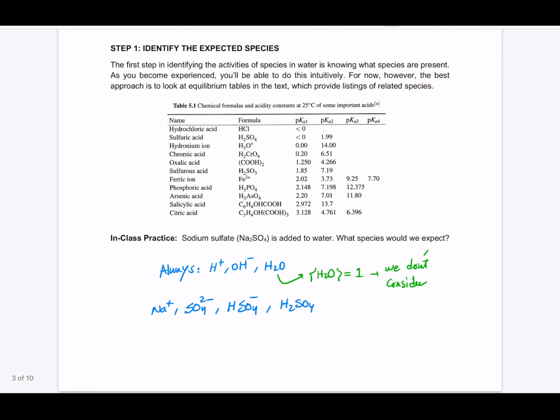So now we did step 1. We have how many? 6 species. How many equations we need? So we need 6 independent equations. So if we have that, then it would be a set of equations and we know how to solve it.